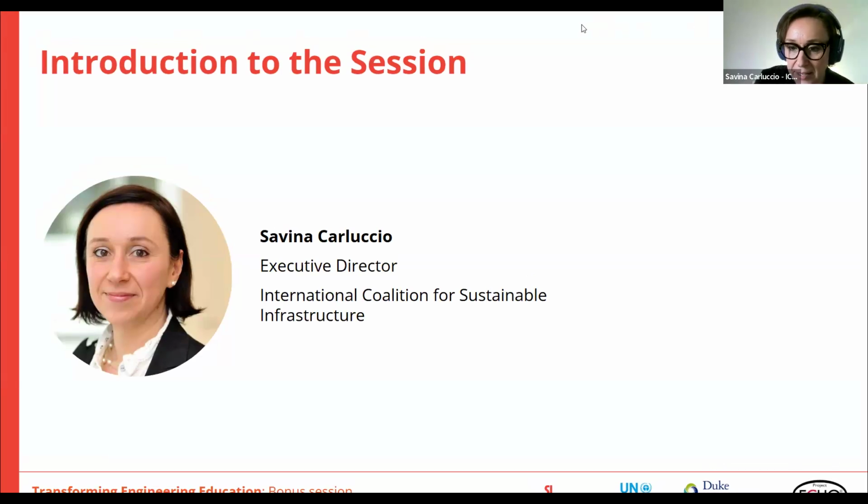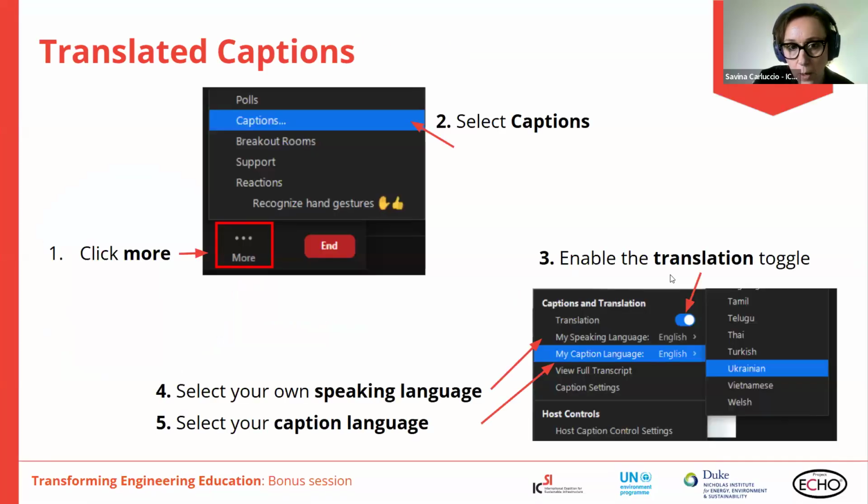Maybe I can ask my colleagues to skip to the slide where I explain how to put the translation on, so that we are able to follow what we're saying when we're speaking in different languages.